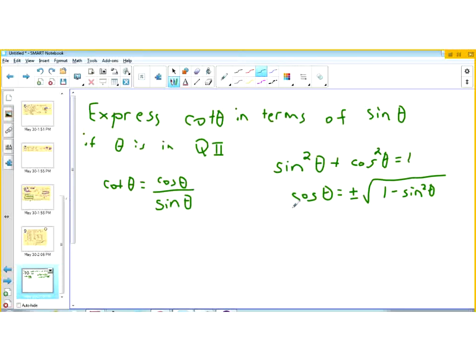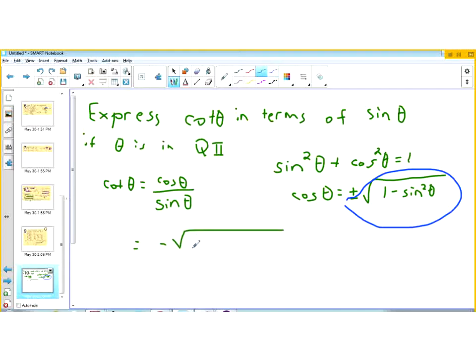Now, since we're in quadrant 2, cosine theta is less than 0. Okay, cosine theta is negative in quadrant 2. So that means we'll take the negative part of this expression because we're in quadrant 2. We'll plug it into the expression for cotangent theta.